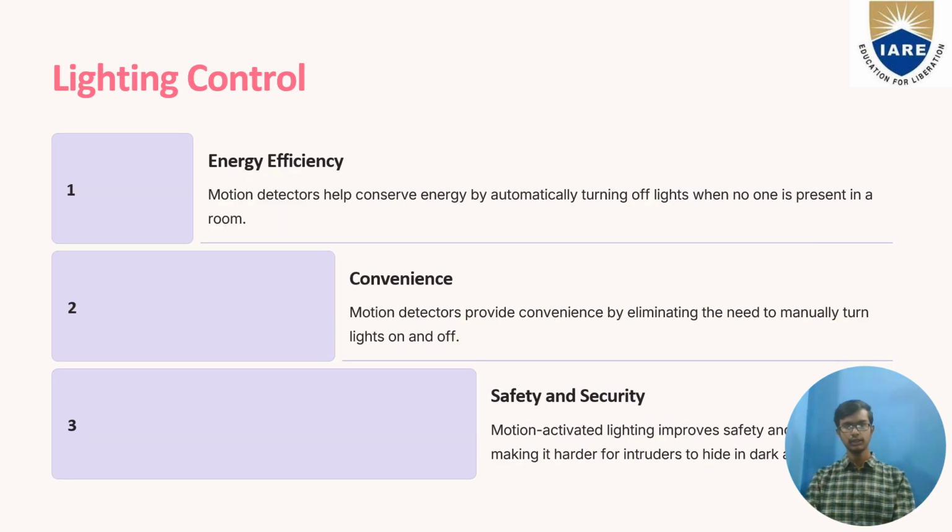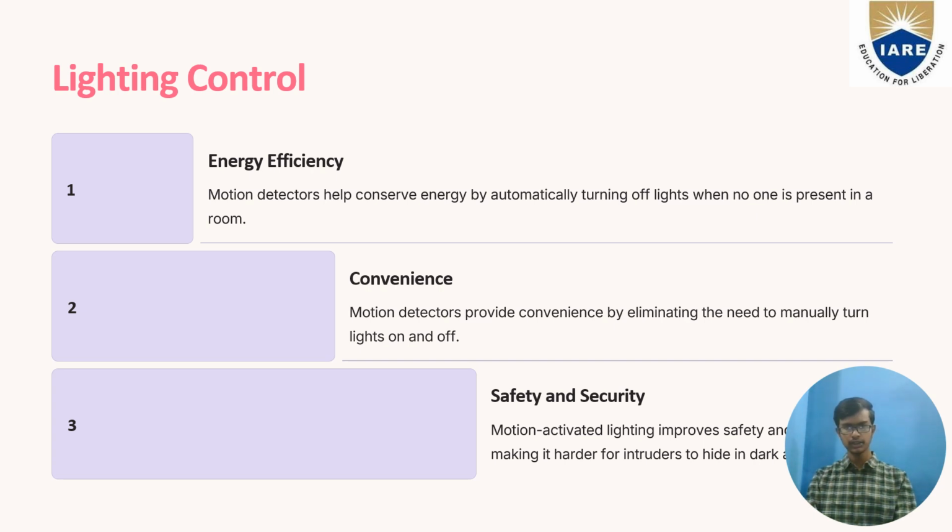Now let's talk about lighting control. Motion detectors help to conserve energy by automatically turning off lights when no one is present in a room, and this is generally referred to as energy efficiency.